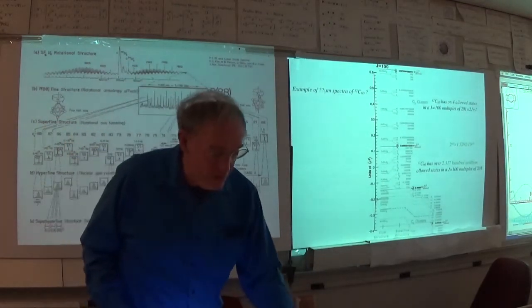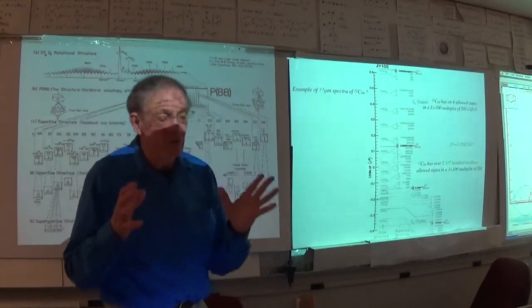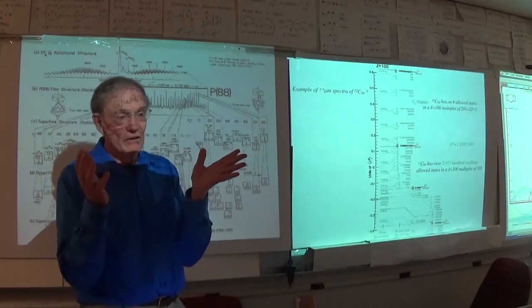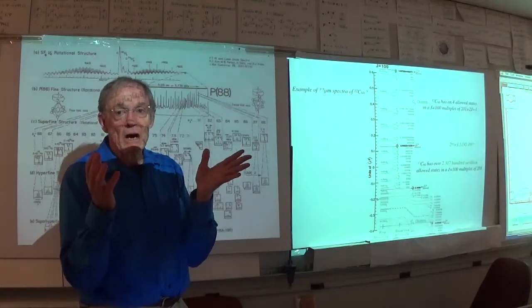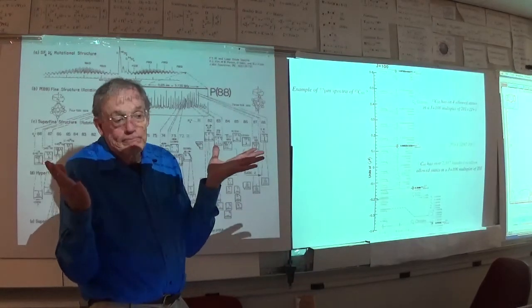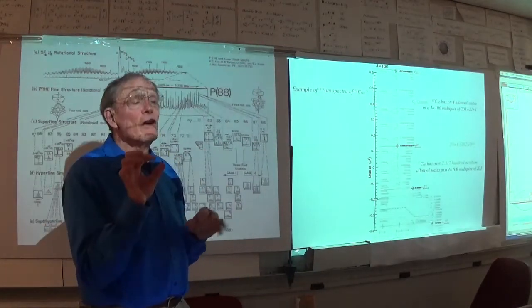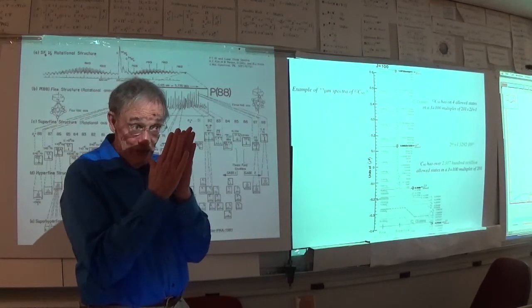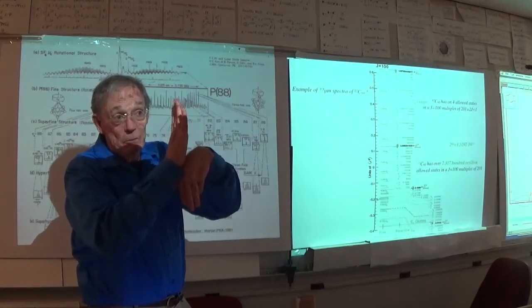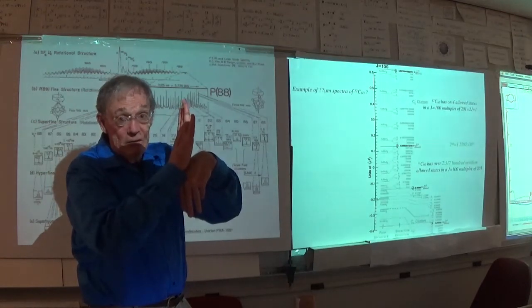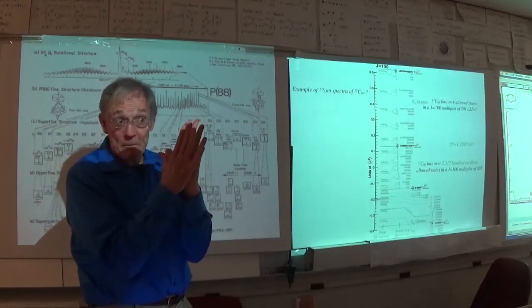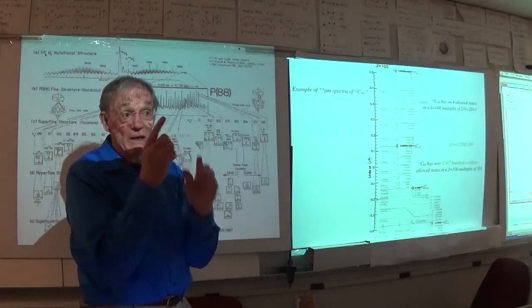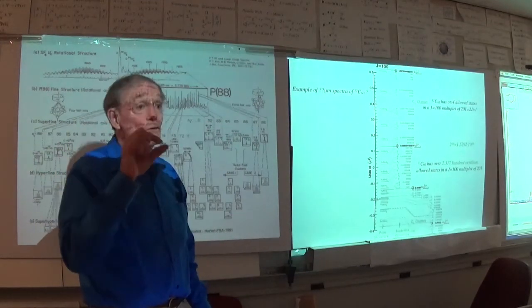Now, where does this come up? The simplest example is hydrogen, the hydrogen atom and the molecule. Ortho versus para. One of them has the spins lined up, the other one has the spins opposite. The one that has them lined up makes spin 1, because they're two halves, right?